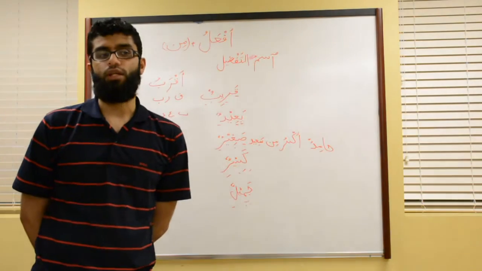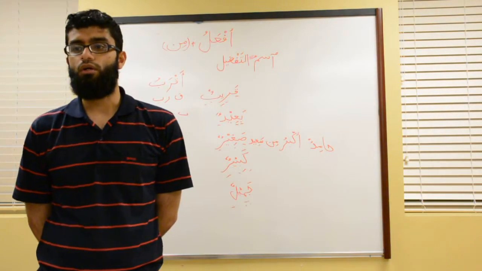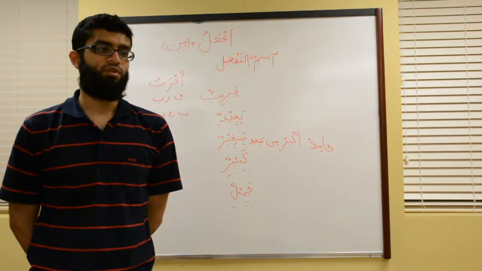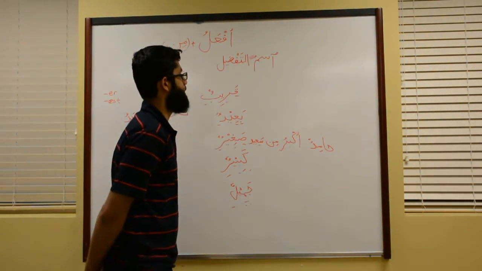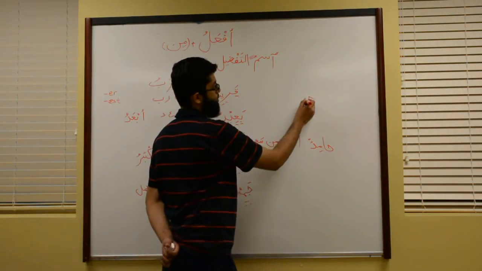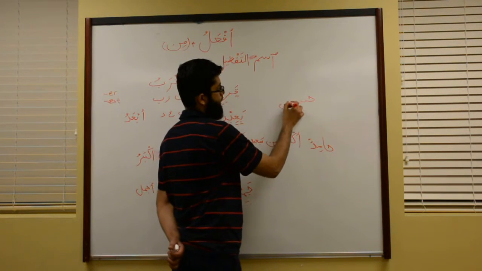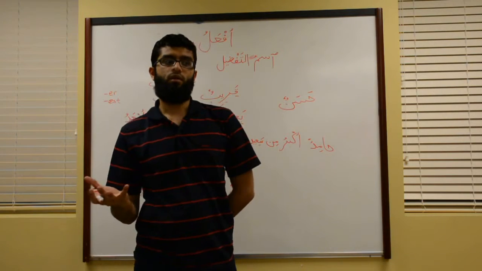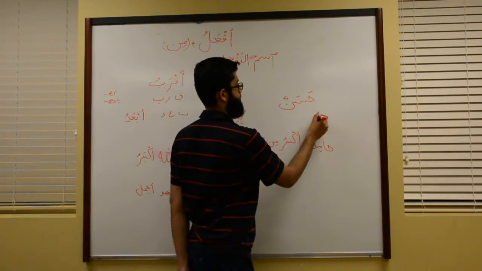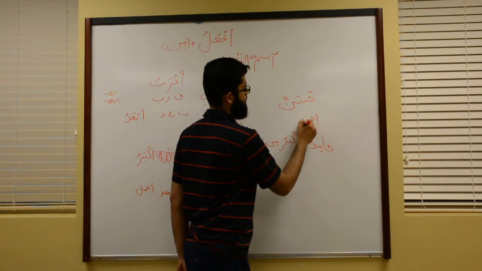Just like English, you don't say good, gooder, goodest. In Arabic, actually, there are two words for good. You have hasanun, right? And how do you say better? Ahsan. Okay.